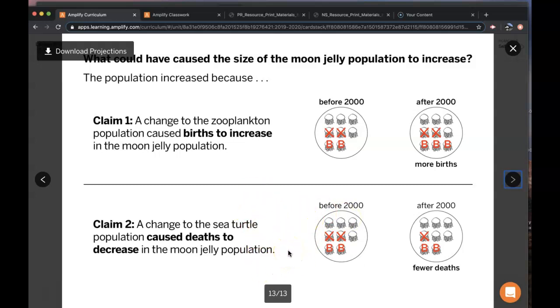So we can't really say for sure that claim 2 should be eliminated. Sometimes ecologists don't have specific evidence about how a population has changed or what the population numbers are. So we can't be sure about whether the sea turtle population is stable, increasing, or decreasing because neither of the samples from C or D does a very good job of representing the whole population. So we'll need to get more evidence about this.